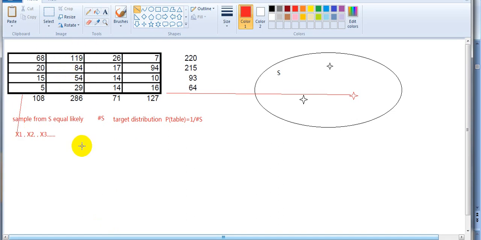We can design a Markov chain so you can transit from x1 to x2, where x2 is another table. The Markov chain transits from one table to another table. If we can find such a Markov chain such that the uniform distribution is the limiting distribution and the stationary distribution, then we're done. We can just start from this table and run this Markov chain long enough, and by the ergodic theorem, we can get our sample. So that's the idea.